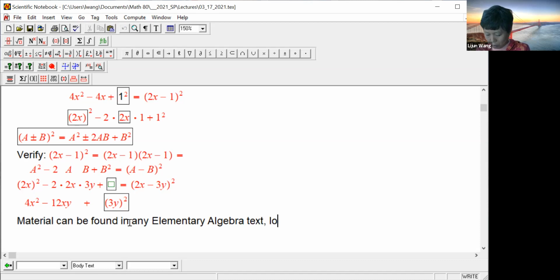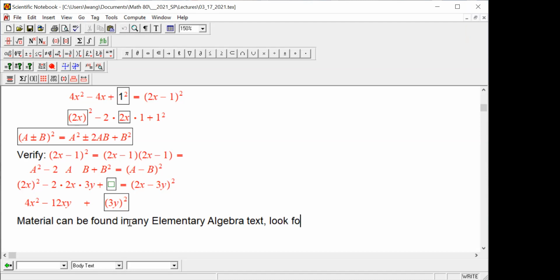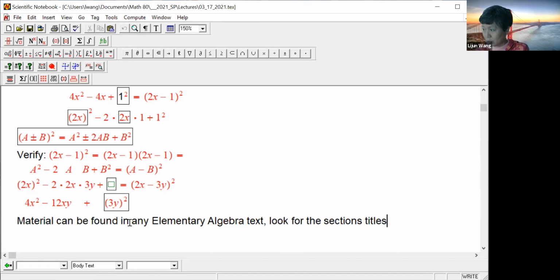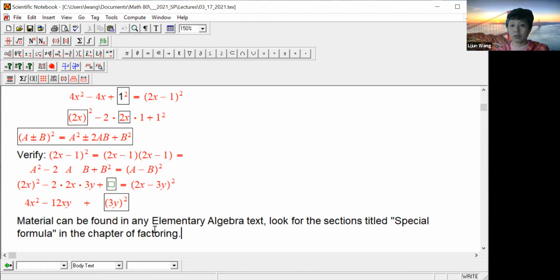Okay, look for the sections titled special formula. Okay, typically in the chapter of factoring. Okay, I don't know which chapter because I don't know which textbook you're looking for.